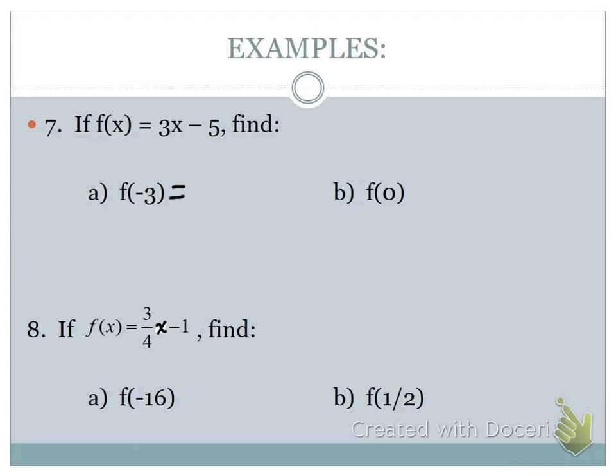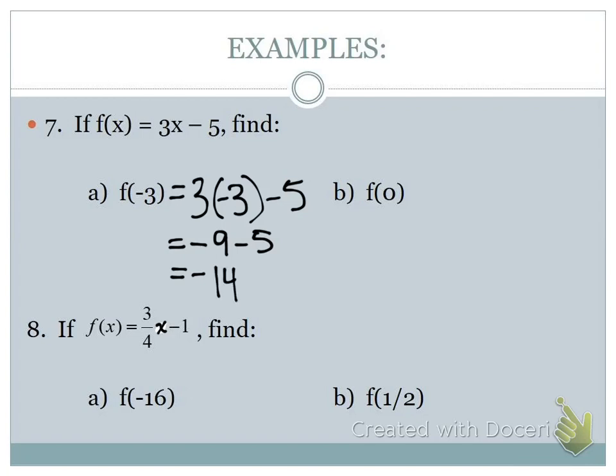So f of negative 3 is equal to 3 times negative 3 minus 5. And then we just have to evaluate it. What is 3 times negative 3? Negative 9 minus 5. 14. Good. So the function evaluated at negative 3 is equal to negative 14. That is our answer.